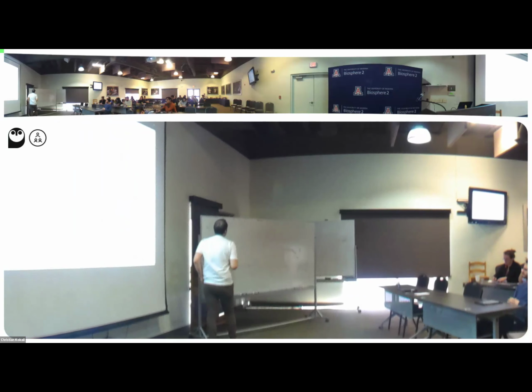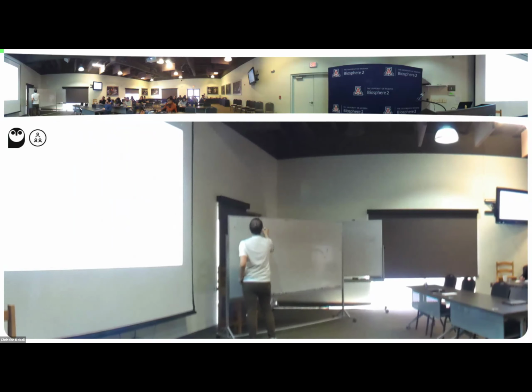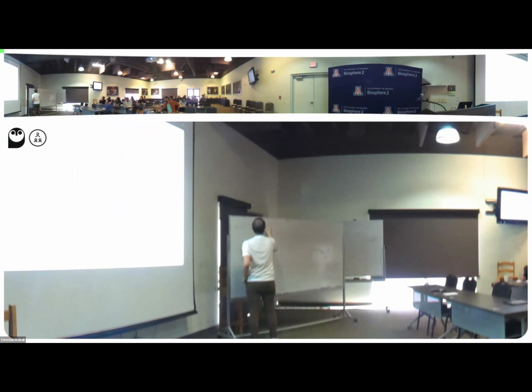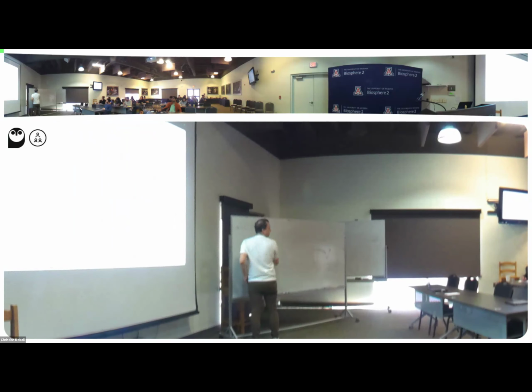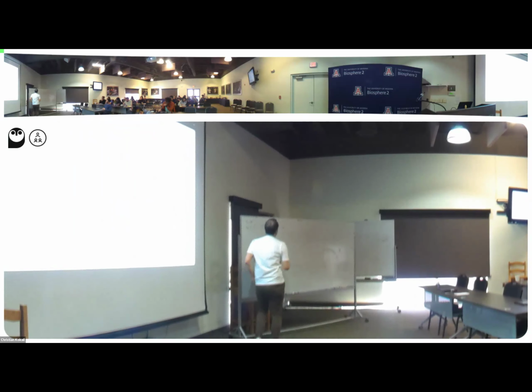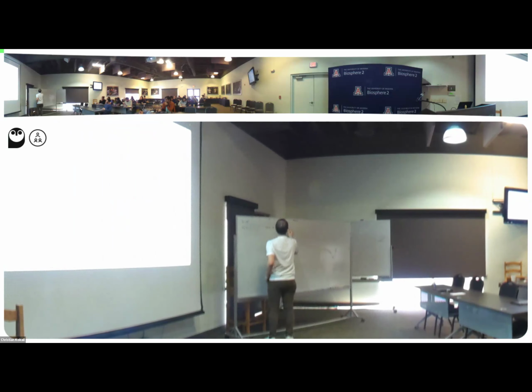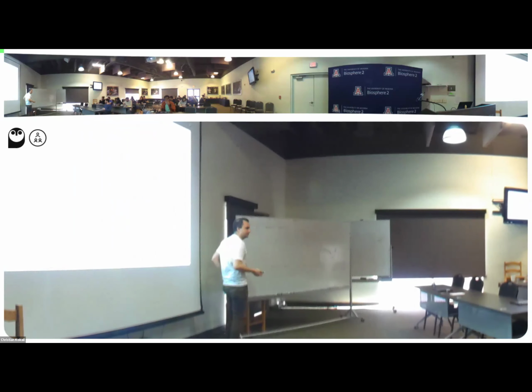If you act with a Hadamard gate on an X gate, you get a Z. This Hadamard H is also H dagger here. If you act with a Hadamard gate on a Z, you get an X. So Hadamard transforms X into Z and Z into X.